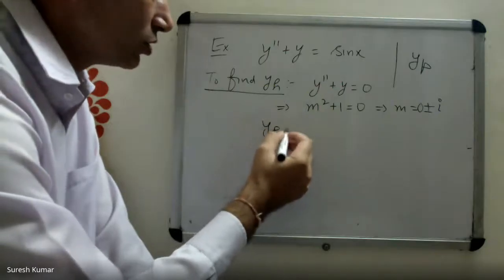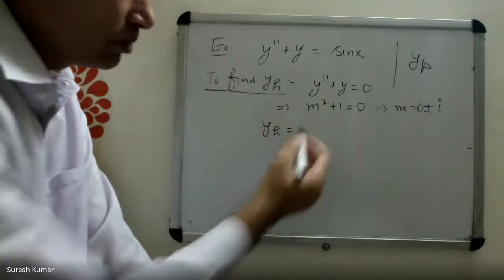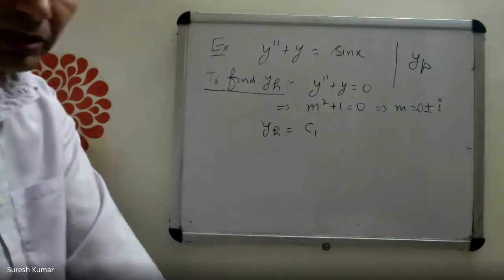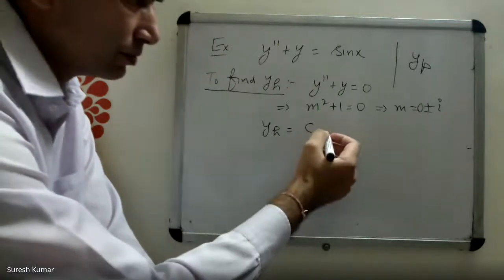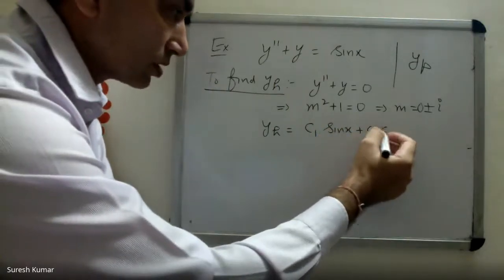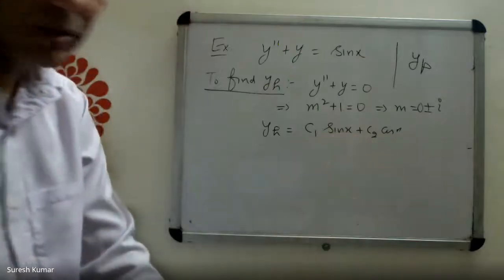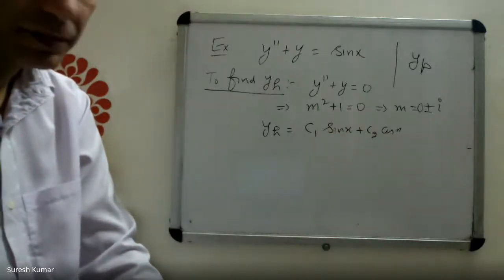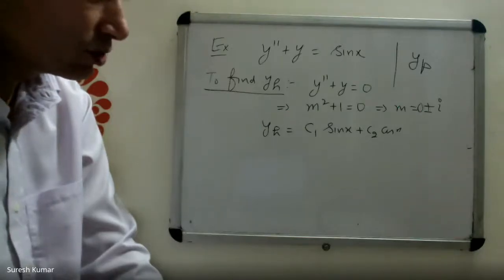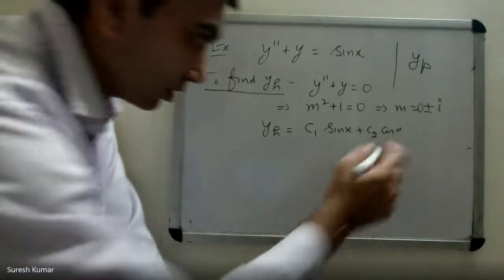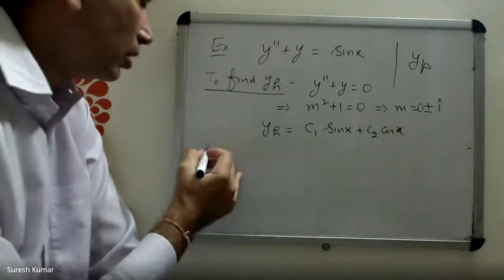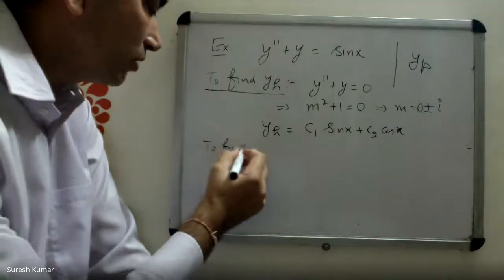So what is yh? e power 0x times c1 sin x plus c2 cos x, or you can write cos x first, it doesn't matter. This is the solution of the corresponding homogeneous equation. Now let's find yp.